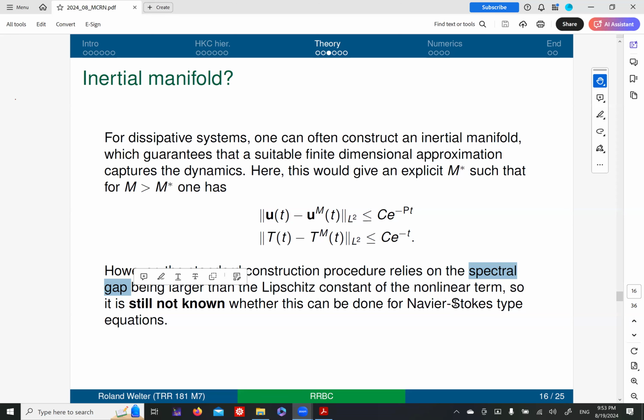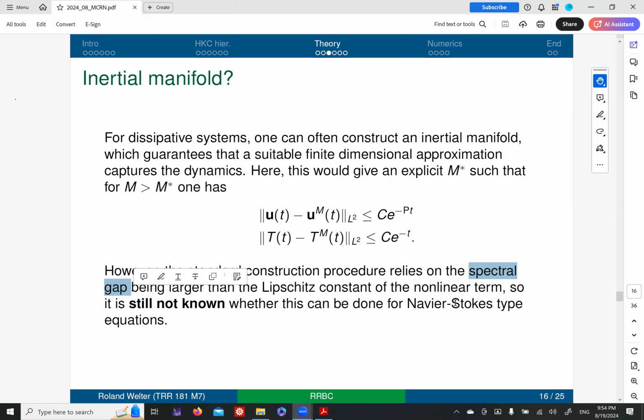And so basically nothing important is going on at that scale. So that's the problem: for a two-dimensional model, the spectral gap is just a constant, so it's not clear whether you can do it.